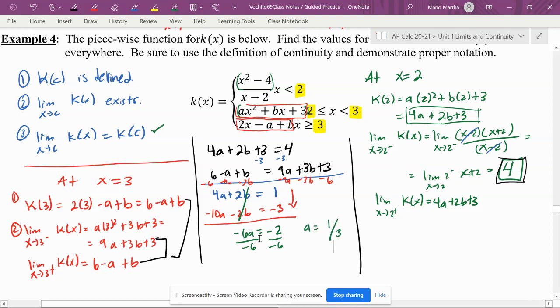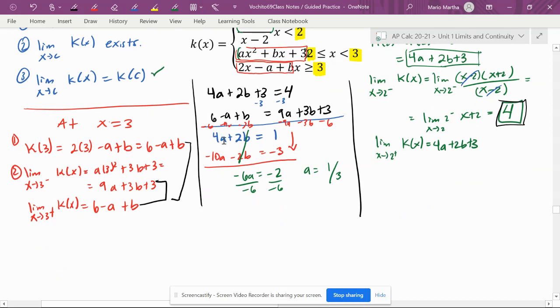And now to find b, you use either the first equation right here or the second equation. I'm going to go for the first one because it seems a lot easier. So we substitute 4 times 1/3, plus 2b equals 1. So that's going to be 4/3 plus 2b equals positive 1.